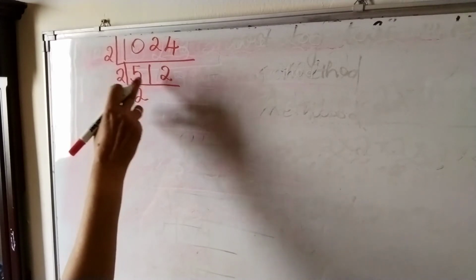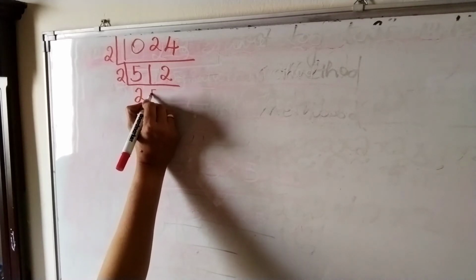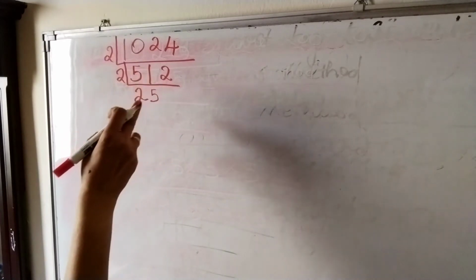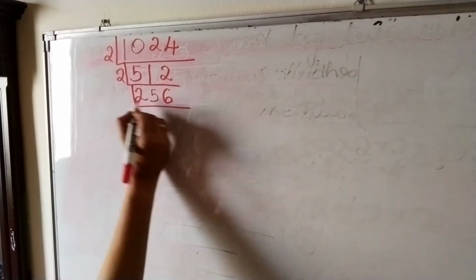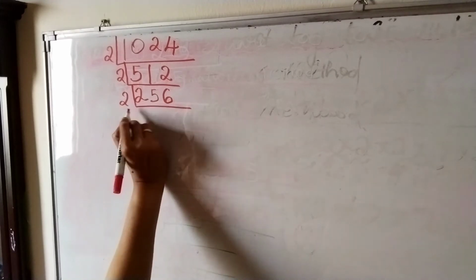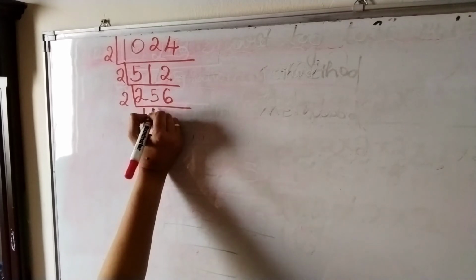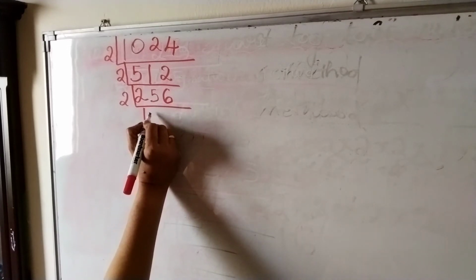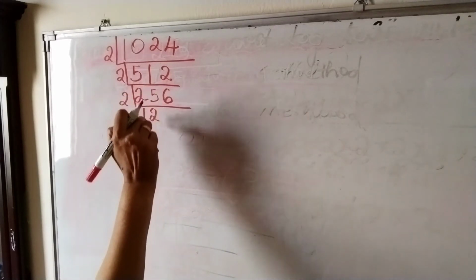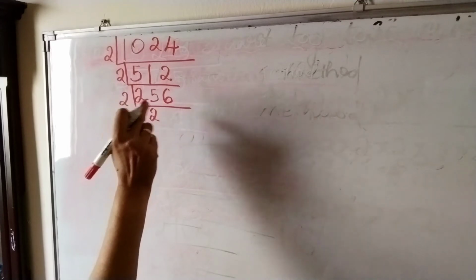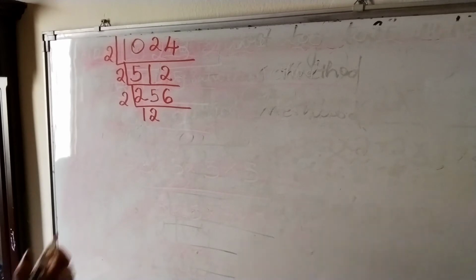How many times does 2 go in 11? 5 twos are 10, and 1 is remaining. 12. 6 twos are 12. Then again 2 will go. 2 ones are 2, 2 twos are 4. Then remaining you get 1. 16.